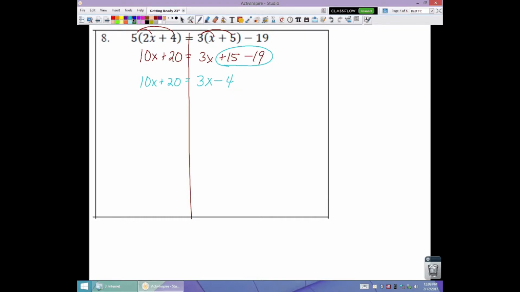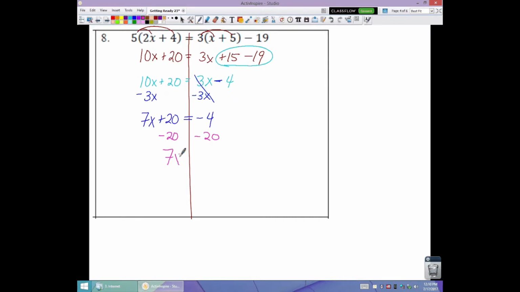Cancel one of the x terms, either 10x or 3x. I'll get rid of the 3x by subtracting it on both sides. So I'm left over here, don't lose the sign, negative 4, the sign in front of the number stays with it, is equal to 7x plus 20. I need to cancel the 20, so I will subtract 20.